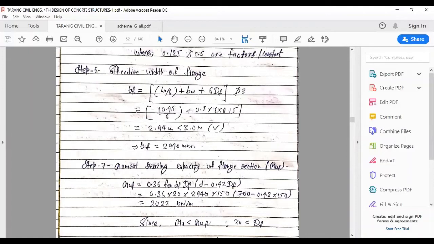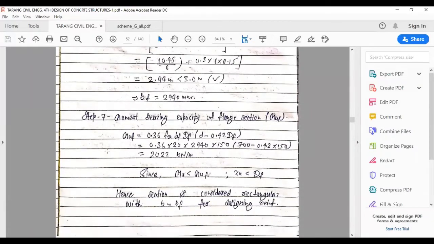The breadth of web is given as 0.3 and DF, depth of flange, is given as 150 mm. So it is 0.15 meter multiplied by 6. So the value of BF comes out to be 2.94 meter, which is less than 3 meter. So we can adopt 2.94 meter or 2940 mm as the breadth of flange.